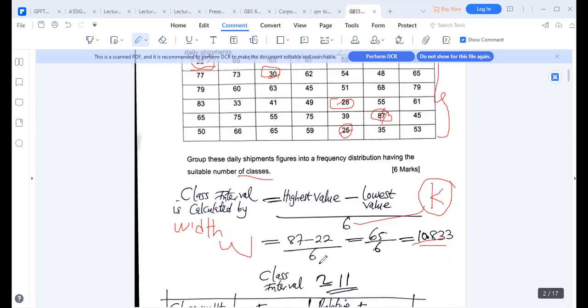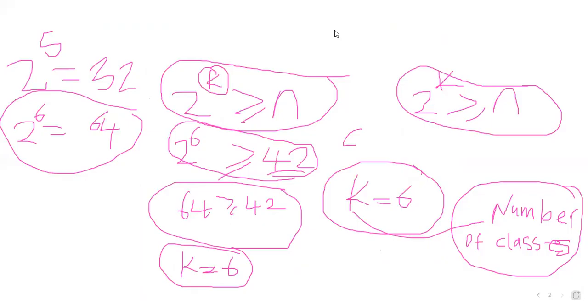The 6 came in because of the testing criteria I mentioned, where we use 2 to the power k to be greater than or equal to n. Our n was 42, so we have to find the value of k.